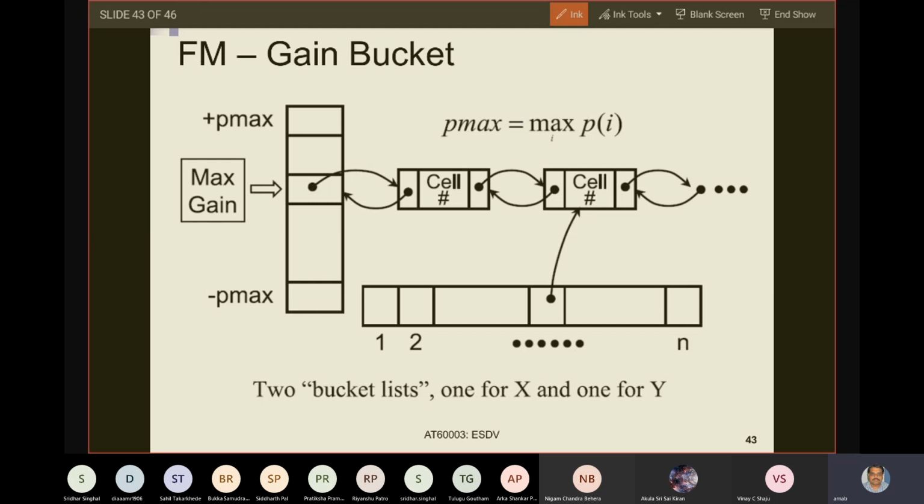this data structure, this vertical data structure, is an array of pointers. So what does that mean? If it is an array, it has indexes, and these indexes go from minus p max to plus p max.